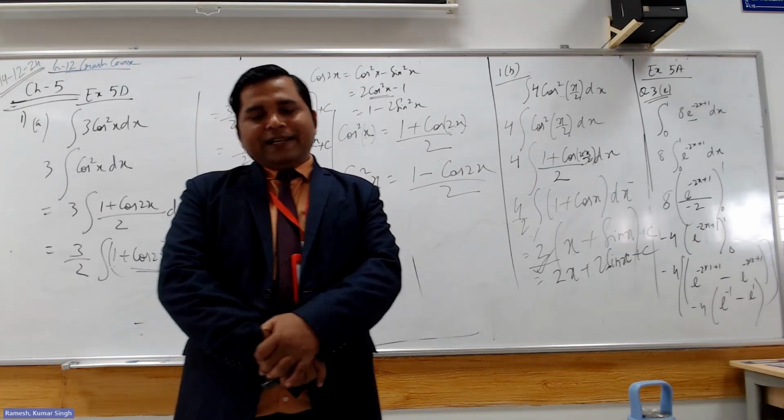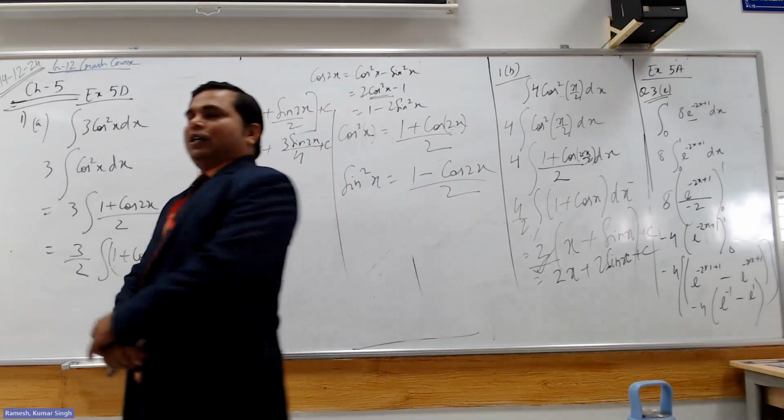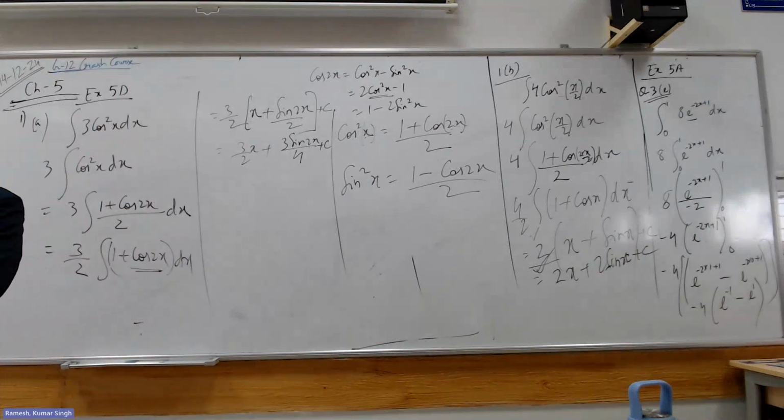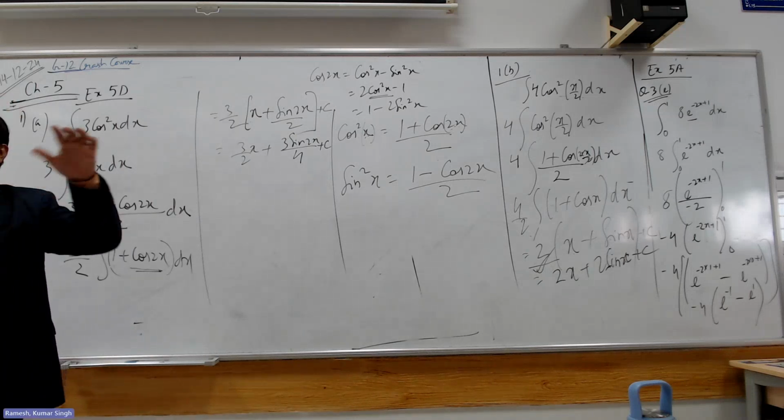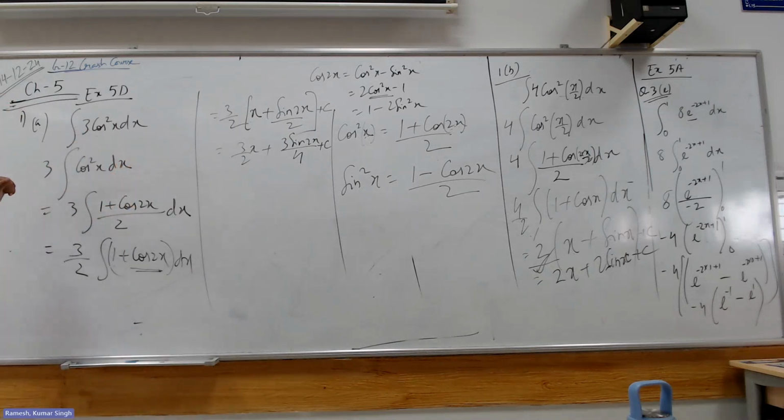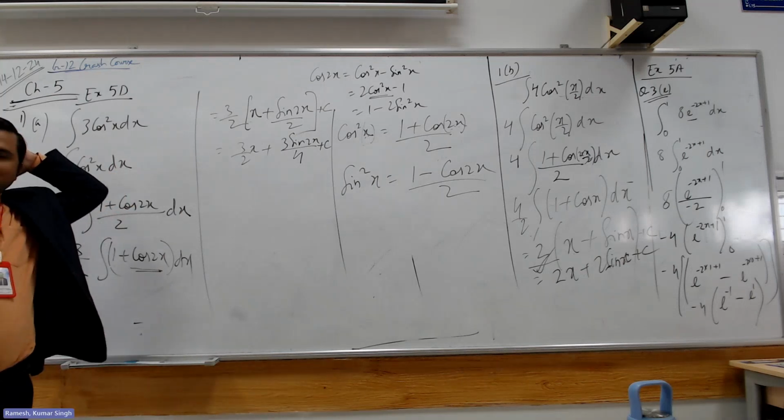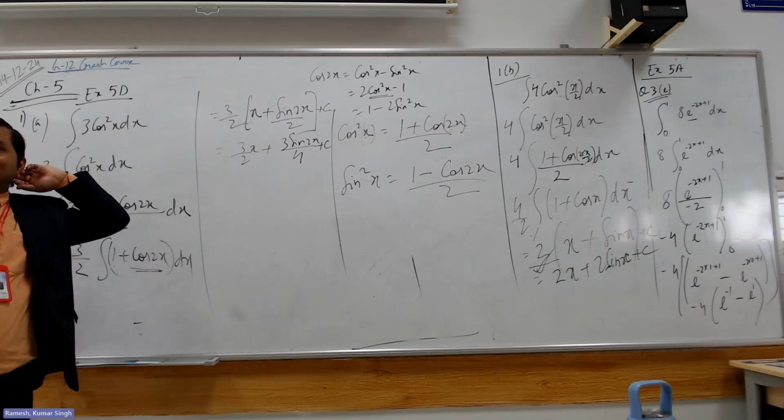So we have to integrate 2 tan square x. We don't know the integration of tan square x, right? It's not given. But can we convert tan square x into something whose standard integration we know? 1 plus tan square x is sec square x.